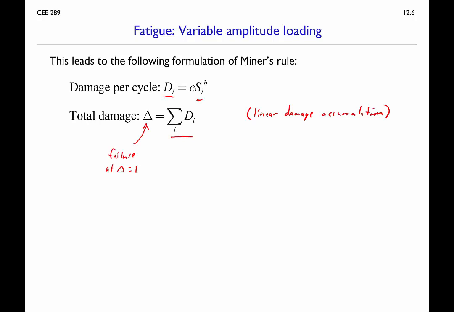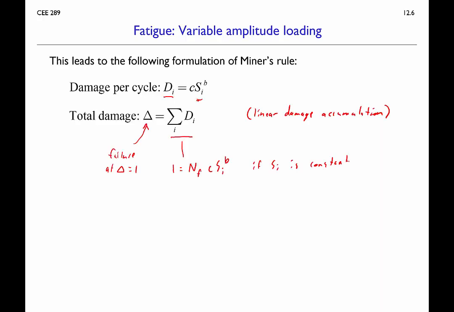And remember, we were just talking about the case where we had constant cycles of loading, so we're going to add this thing up until it's equal to 1, and rearranging the equations from a couple slides ago, we can write number of cycles to failure times C times S_i to the power B. So that would be the case if S_i is constant.